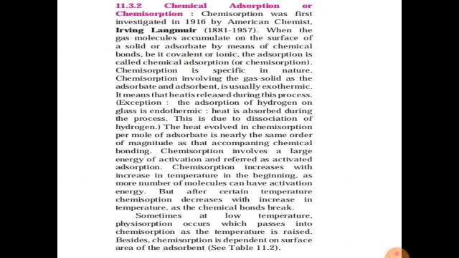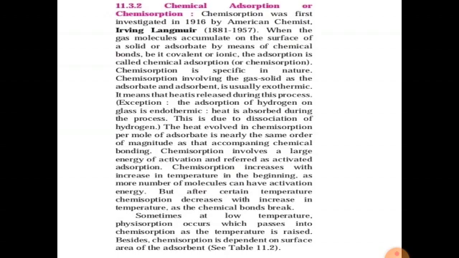Now we will see chemical adsorption. Chemical adsorption was first investigated in 1916 by the American chemist Irving Langmuir. When gas molecules accumulate on the surface of a solid or adsorbent by means of chemical bonds, either covalent or ionic, the adsorption is called chemical adsorption.